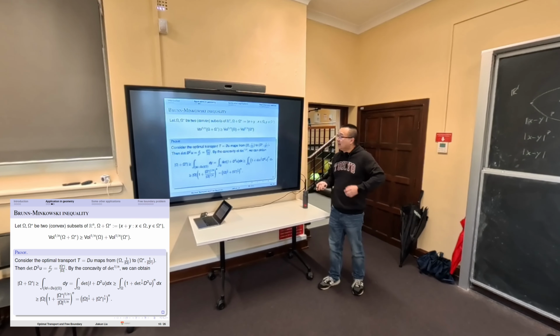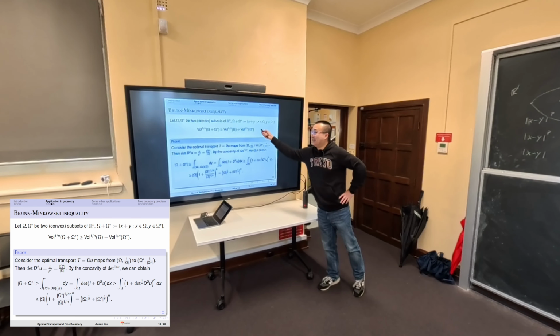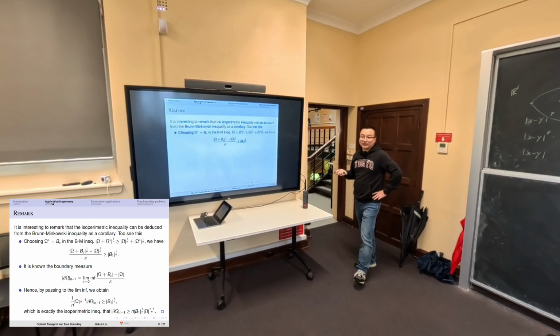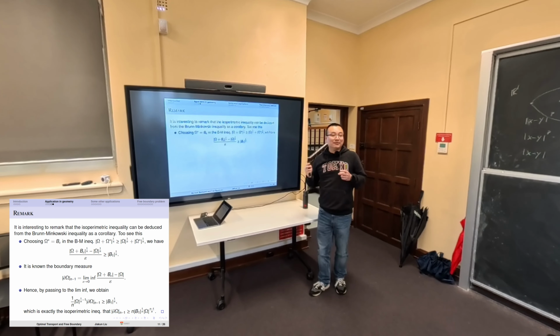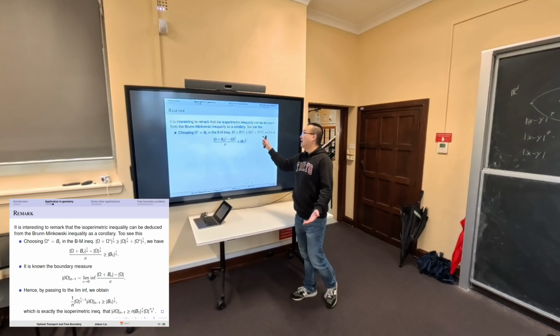It's pretty easy. In fact, these two inequalities are related to each other. If you linearize the Brunn-Minkowski inequality, you get the isoperimetric inequality. What do I mean by linearize? The Brunn-Minkowski inequality tells you that the nth root of the volume of omega plus omega star is always a concave function.